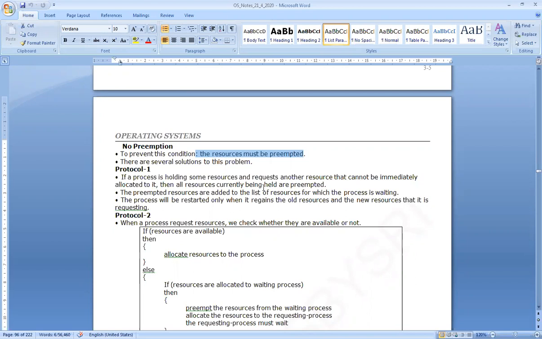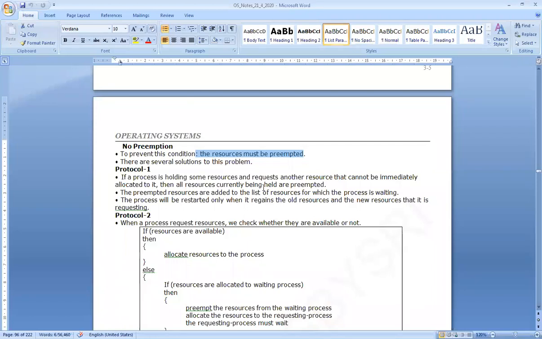If a new process of high priority comes, the executing process should be suspended, and we should allow the new process to take or be allocated the CPU time. That condition has to be there. If that is not there, it is called a no preemption state, which may lead to a deadlock situation.